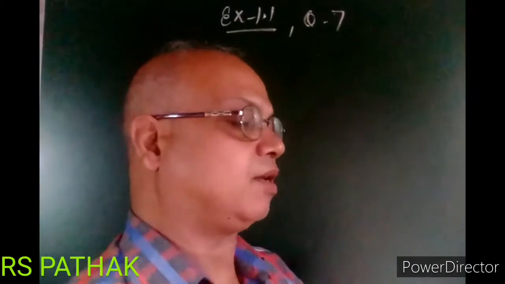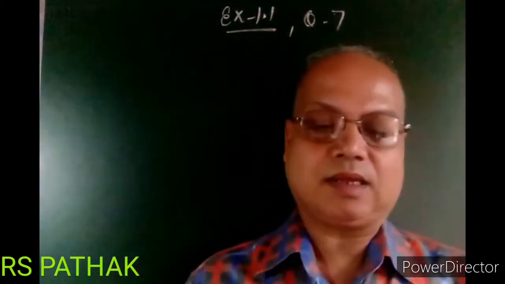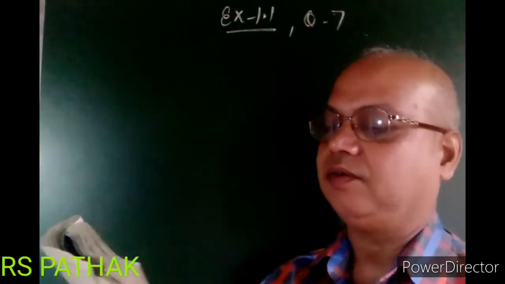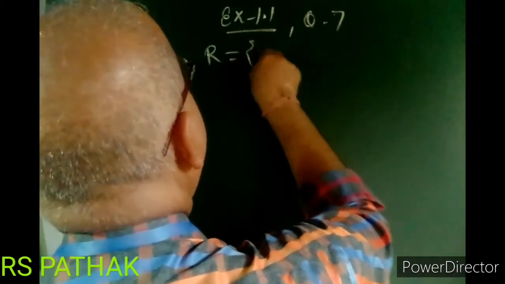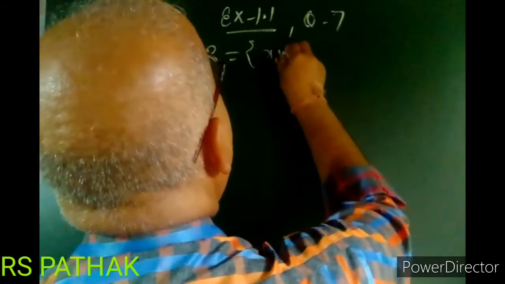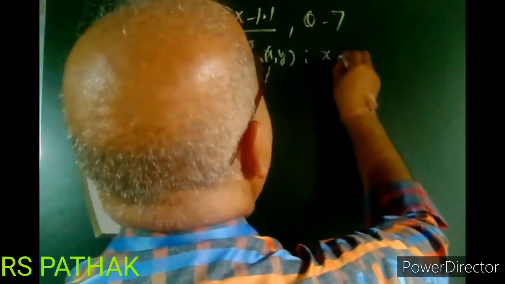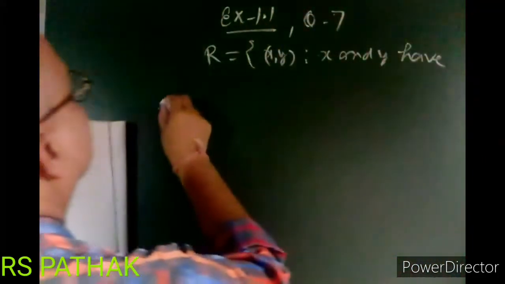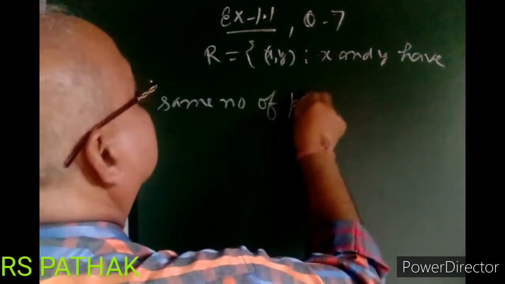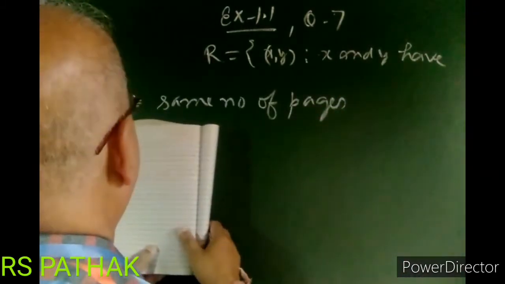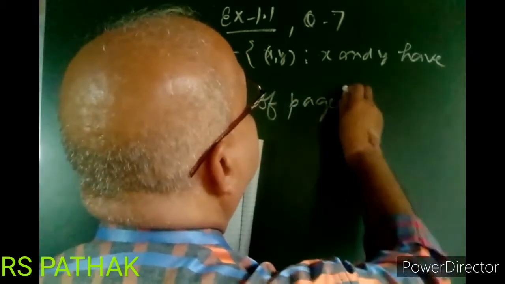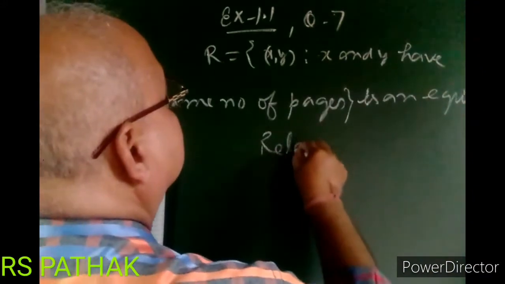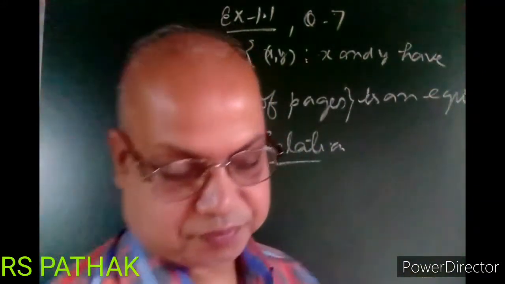Question number 7 is: show that the relation R in the set A of all books in a library of a college, given by R = {(x, y) such that x and y have the same number of pages}, is an equivalence relation.